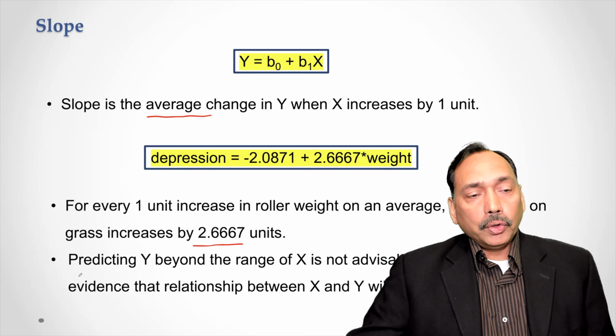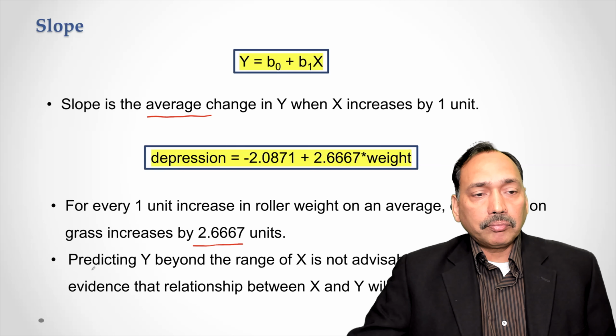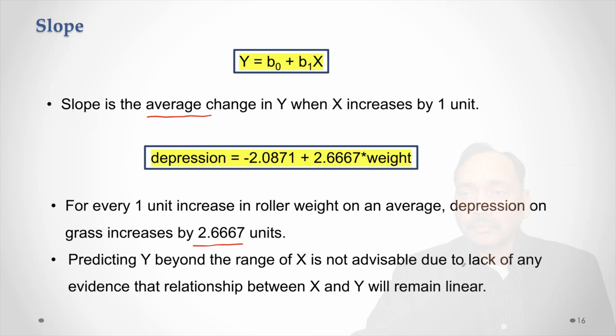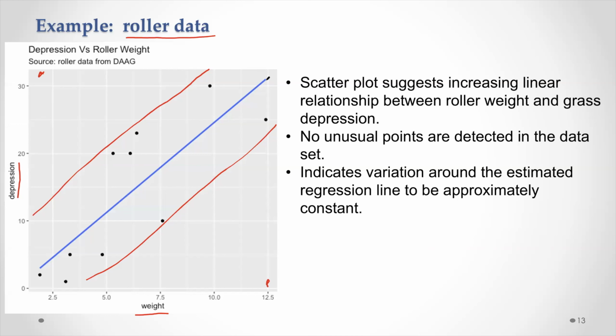Now another thing to note about linear regression is predicting y beyond the range of x is not advisable, due to lack of any evidence. In statistics, evidence always comes from data. So if you do not have data beyond the range of x values, we should not try to predict, because we don't know whether the relation is going to remain linear or not. So we cannot extend this line and try to predict what will happen if the weight of the roller is outside the range.